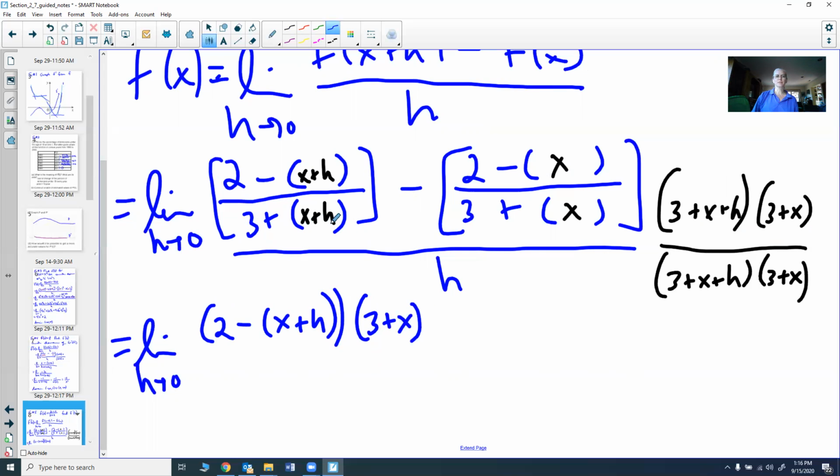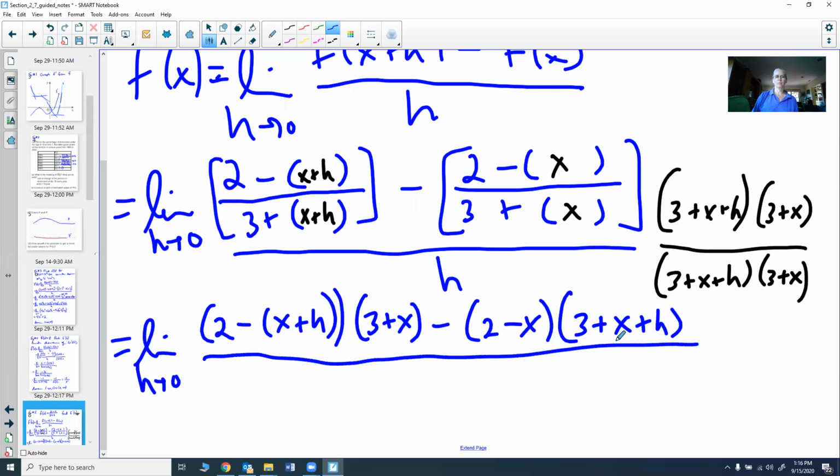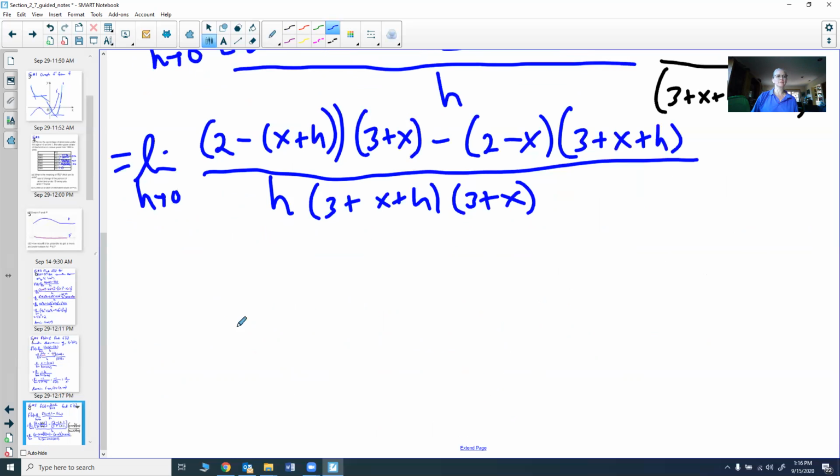But the 3 plus x plus h does cancel. Minus 2 minus x, and then the 3 plus x cancels, but the 3 plus x plus h does not. And then your denominator is just h times 3 plus x plus h times 3 plus x. And again, don't multiply that out because you will be factoring again.